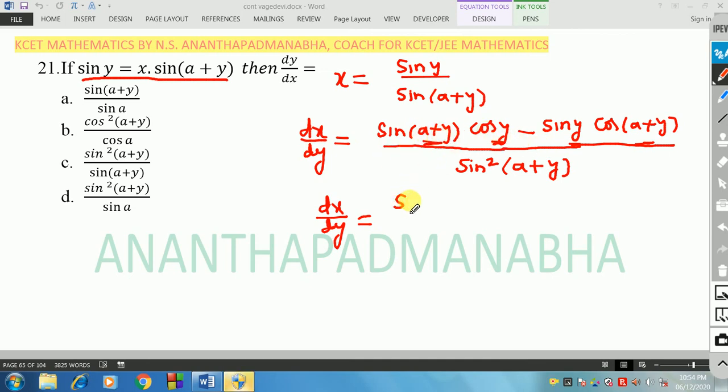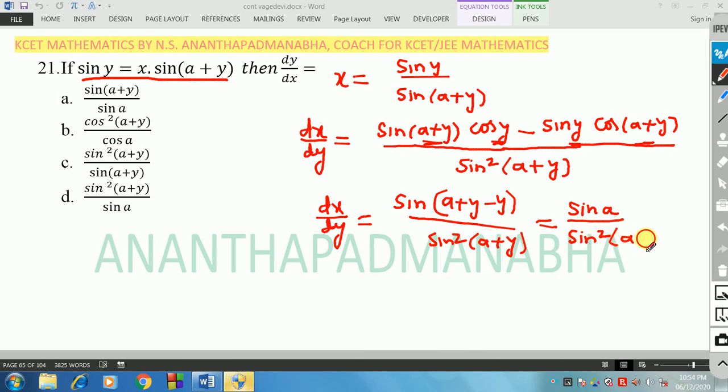So we have sin of (a minus b), which means sin of (a plus y minus y) by sin square (a plus y). The y gets cancelled, and we get sin a by sin square (a plus y). So dx by dy is sin a by sin square (a plus y).